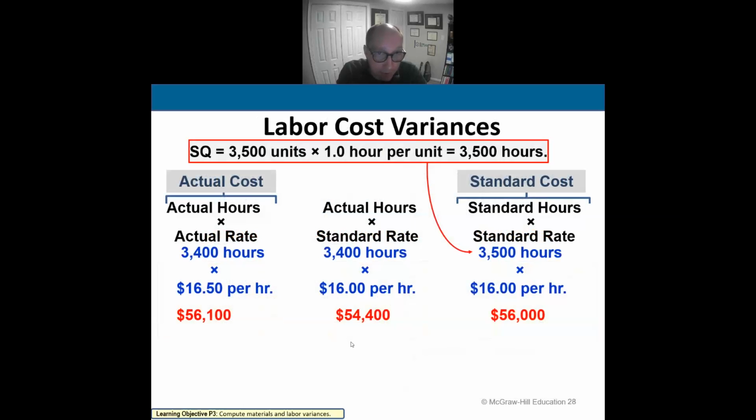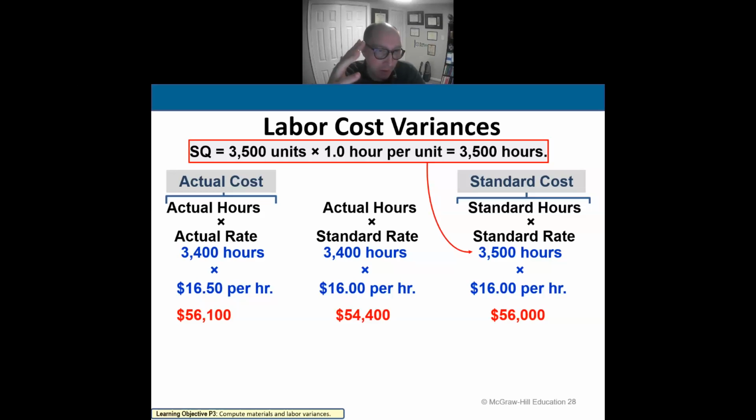There are differences in labor. You know this. Sometimes my employees make more. Sometimes they make less. Sometimes they can do it faster or slower. Right? It's the differences. So remember our standard cost, 3,500 hours per year times $16 per hour gives me a standard cost of $56,000 for labor.